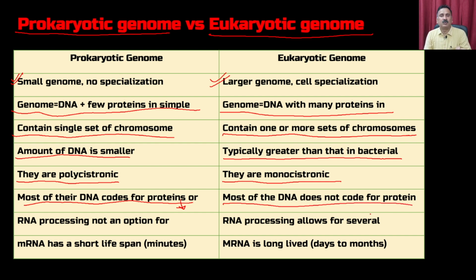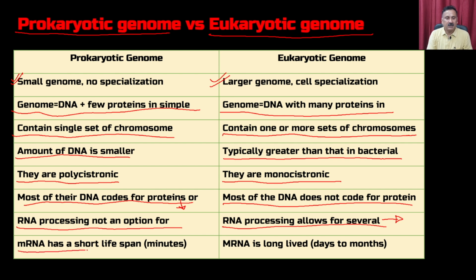It's a very small portion of the genome which is actually coding for the protein, rest all is non-coding regions. Then RNA processing is not an option, right? RNA processing is required in eukaryotes because you have the non-coding regions. These non-coding regions have to be separated from the coding region, and that's why the RNA processing is required.